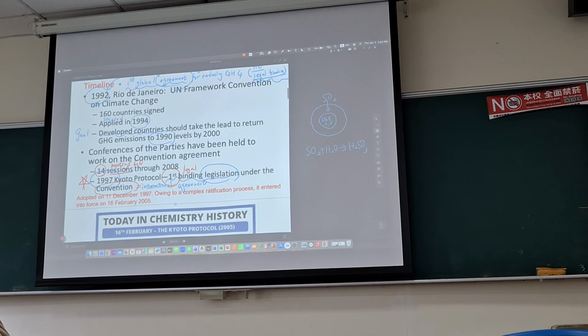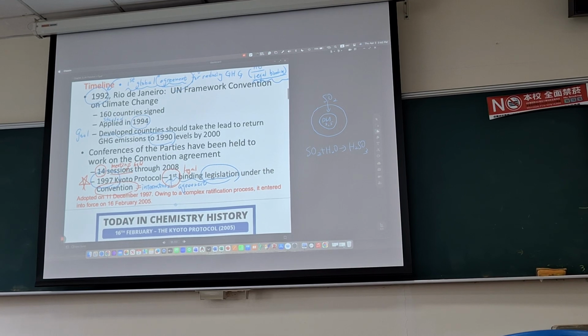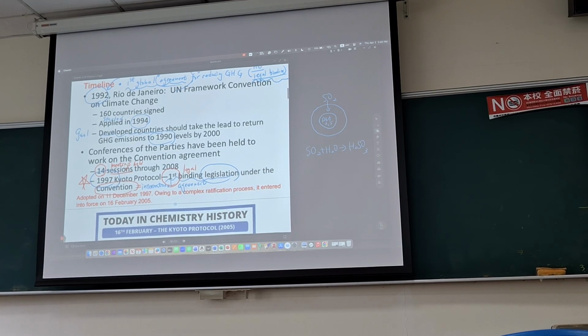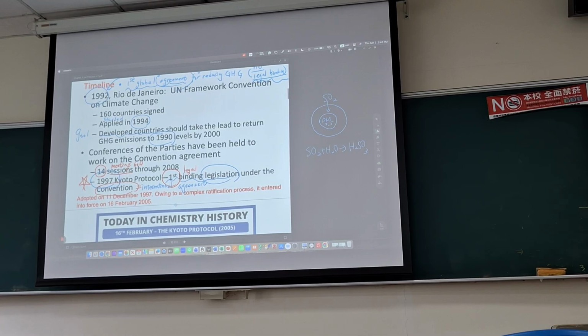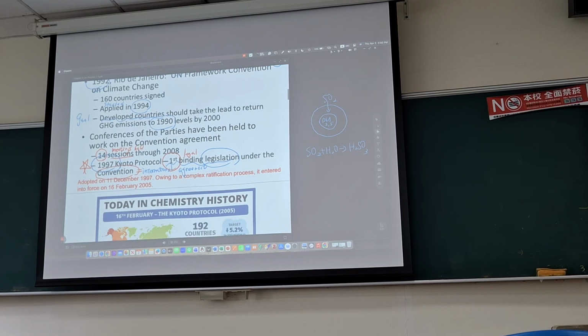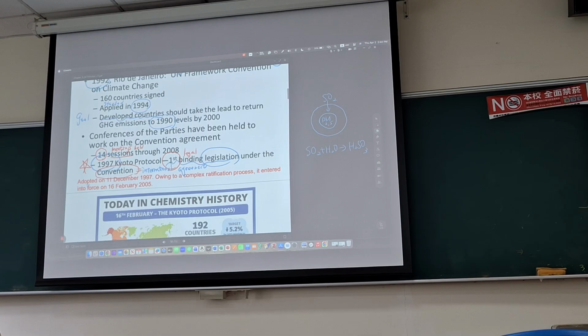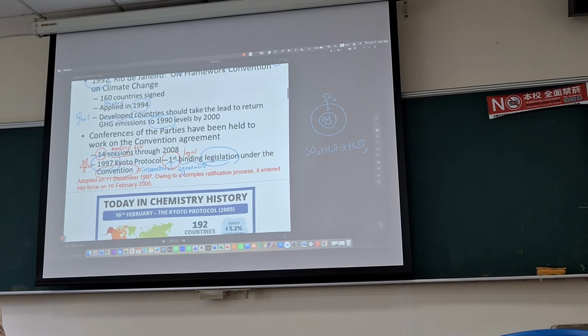The legal binding here means the countries must obey it. Otherwise, the United Nations has the right to investigate and even give you penalties. The 1997 one was adopted on December 11th, 1997.